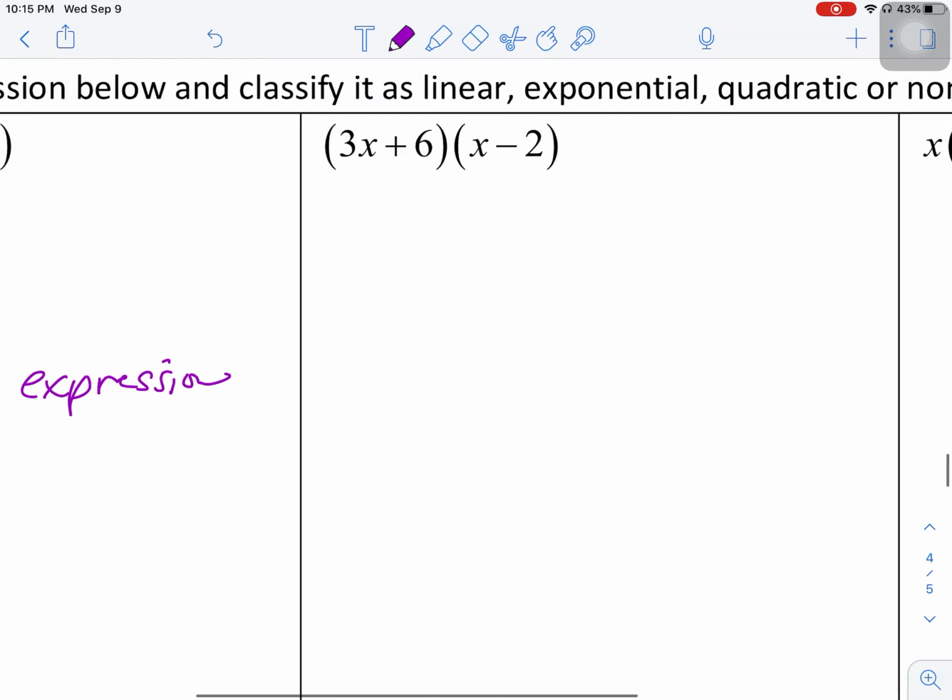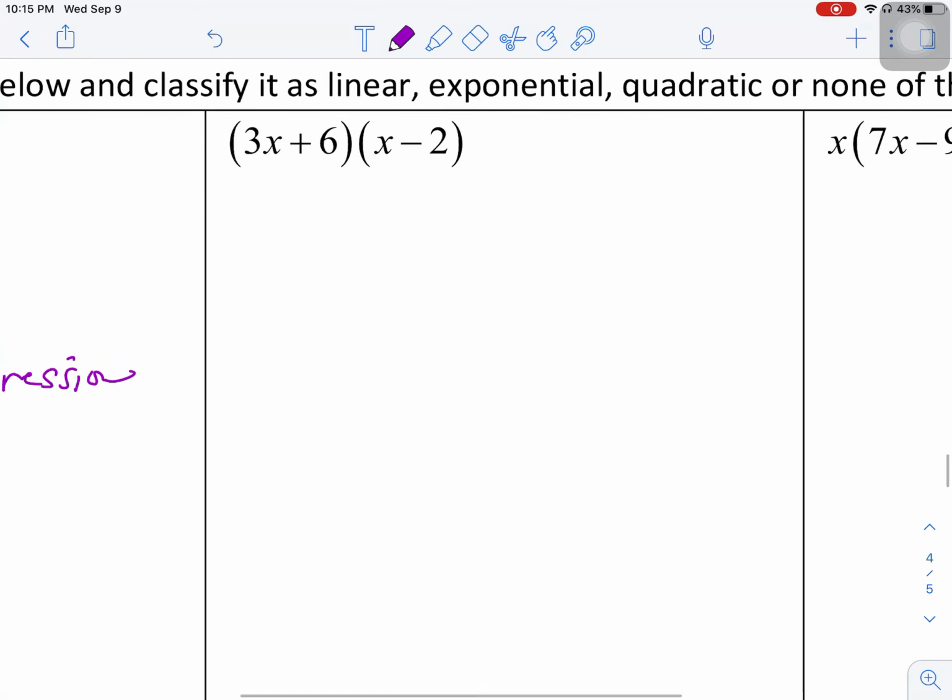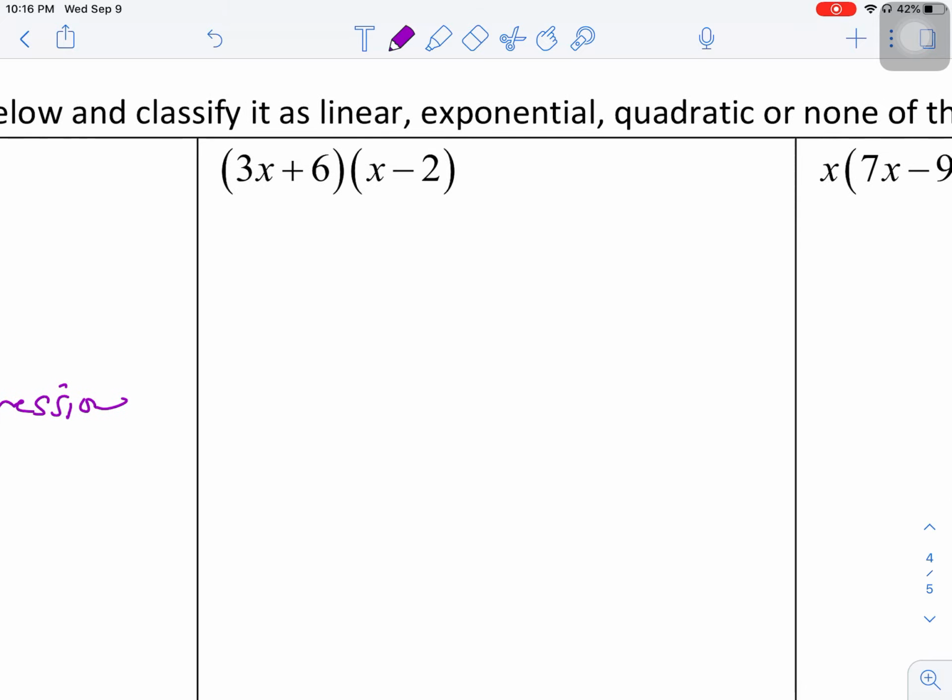Okay. Now, if you'll notice, the second problem looks a lot like the first one. The difference is there's no subtraction here. There's also no addition. So mathematically, what you need to do when you have those two parenthesis sets right next to each other, you need to multiply.